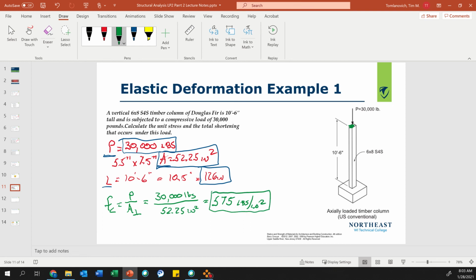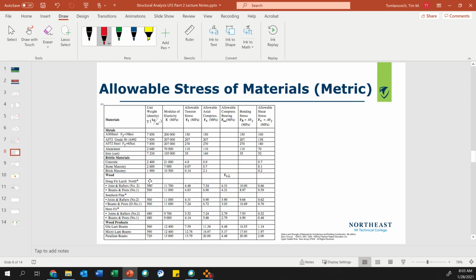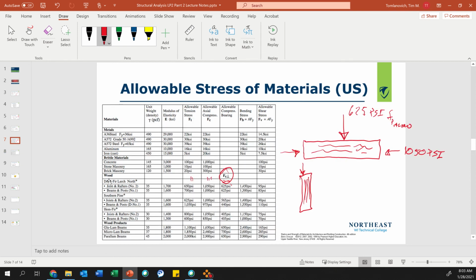So first thing you want to do is check whether my load exceeds the properties of Douglas fir larch. My grain is this way. So when I go back to the table, Douglas fir larch, beams and posts is probably a number 1. My modulus of elasticity, we're going to need that value anyway.